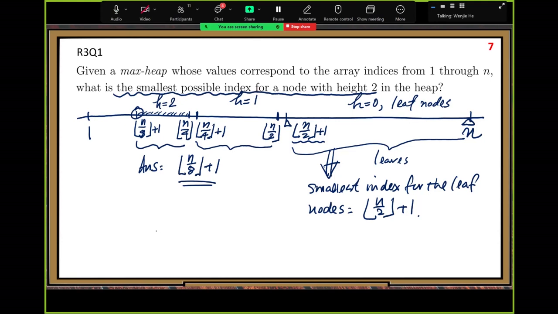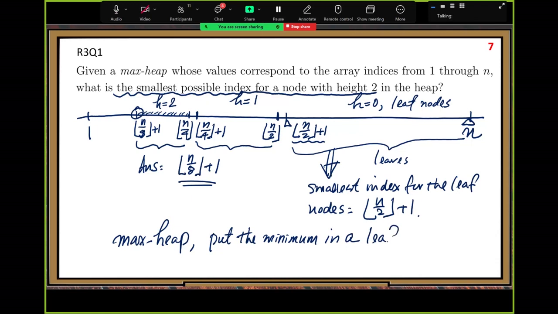Because when we have a max heap, we have to put the minimum in a leaf node. You cannot put the minimum in a height 1 node.